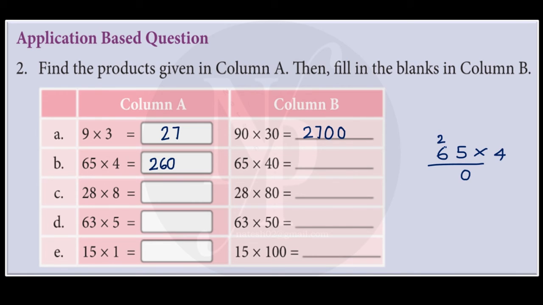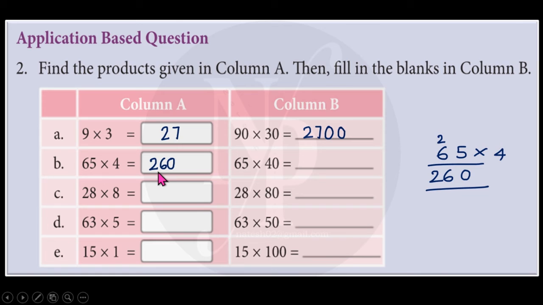So 2 is carried forward to the tens place, and now we multiply the digit at tens place by 4. 4 6s are 24. 24 plus 2 is 26. Therefore on multiplying 65 by 4, you get 260 as product.